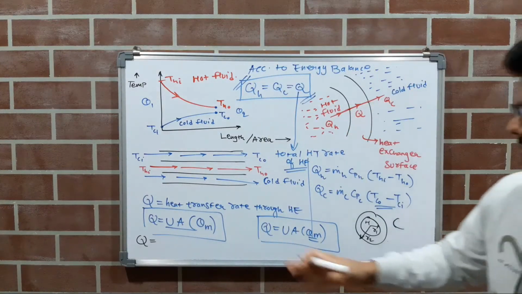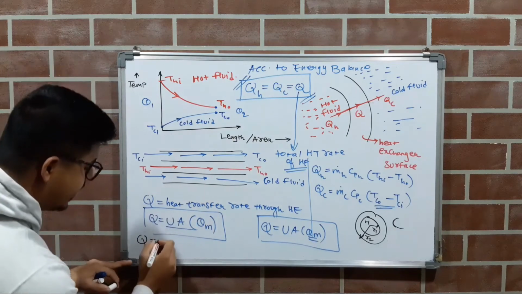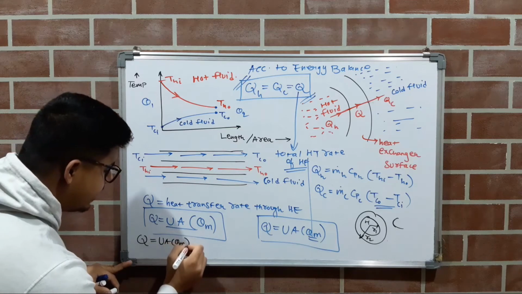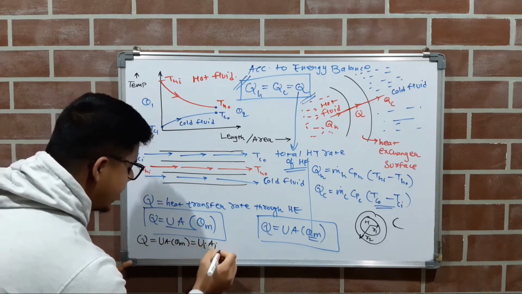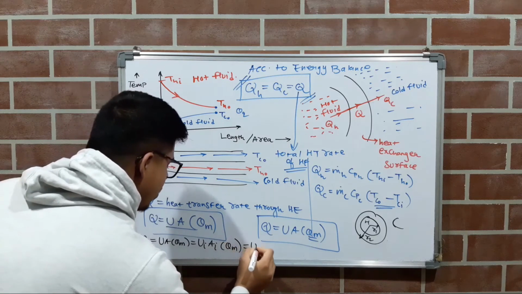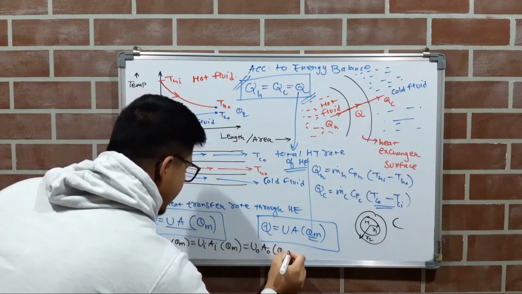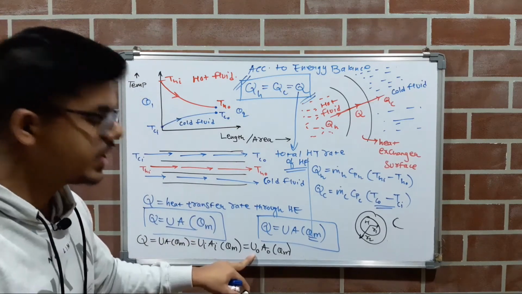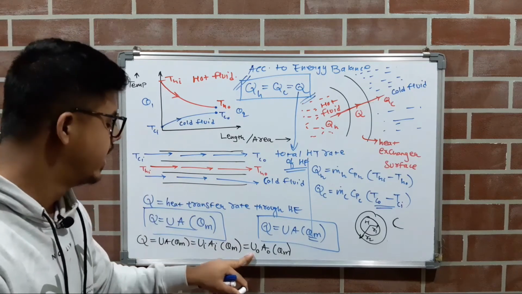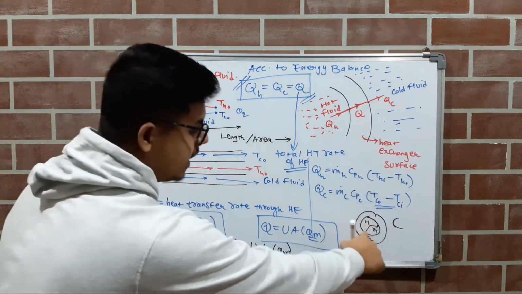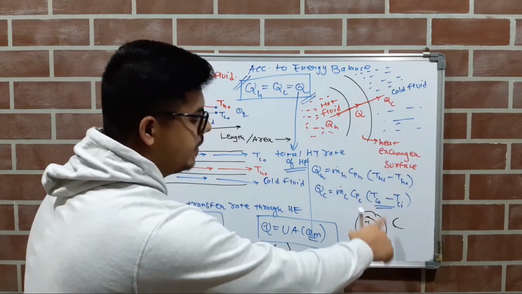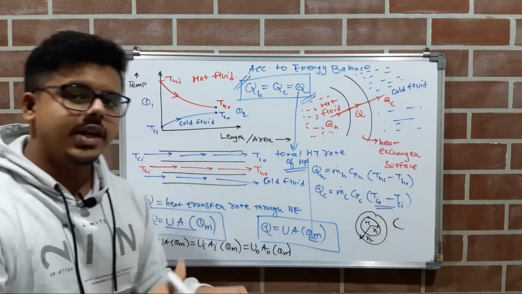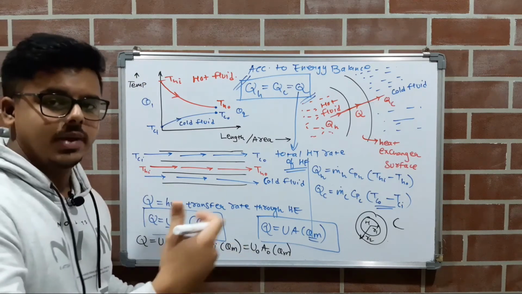So I will just write the formula: Q, the heat transfer rate of a heat exchanger, equals UA into theta M, equals UI into AI into theta M, equals UO into AO into theta M, right? UI is the heat transfer coefficient based on the inner area, UO is the heat transfer coefficient based on the outer area, AI is the area of the inner wall, and AO is the area of the outer wall of the pipe. It is complicated, so it is better that I explain it in the next class.